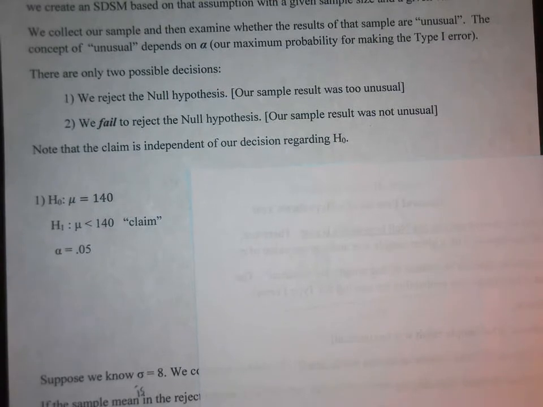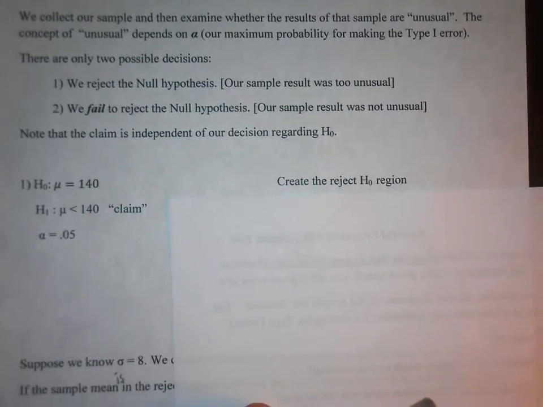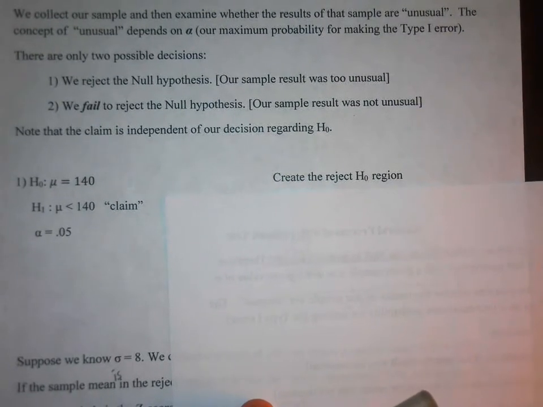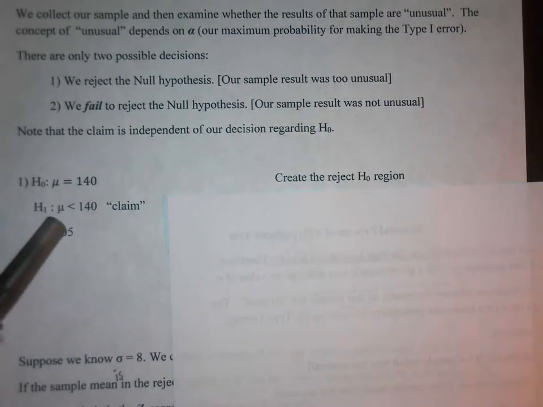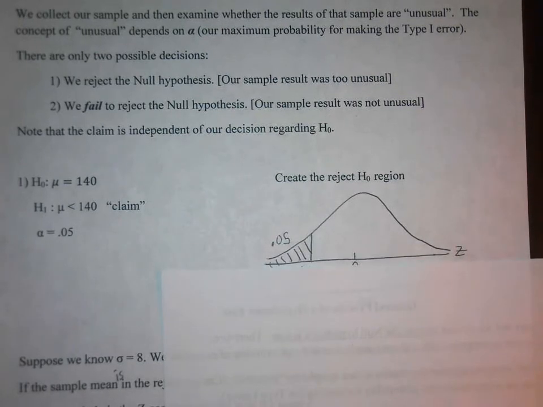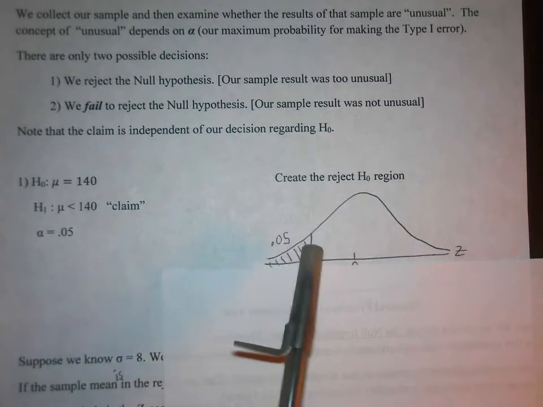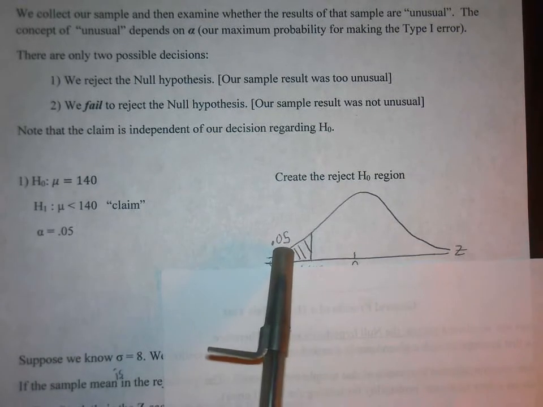Okay, so first thing we're going to do is create the rejection region for H0. Okay, and remember that all stems from the alternative hypothesis. In this case, a less than means we're shading to the left. Okay, so we create that alpha area of 0.05 shaded on the left-hand end.